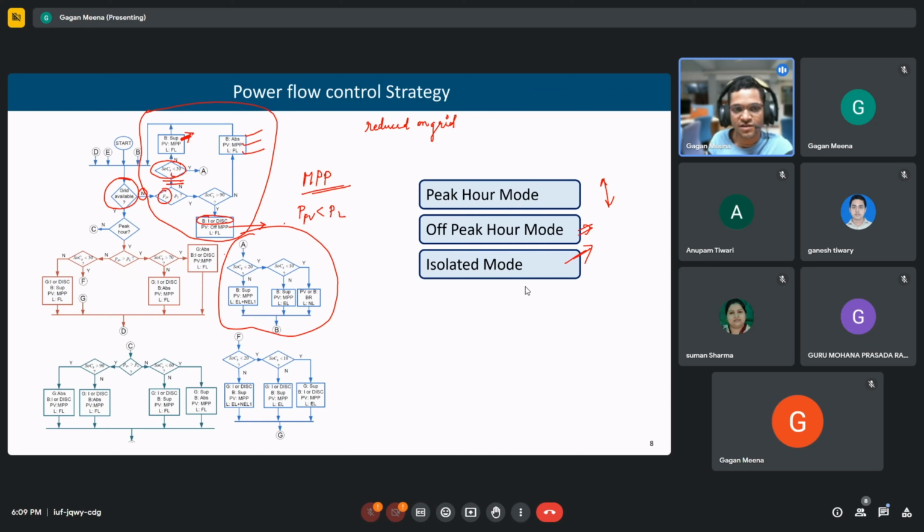But if SOC is less than 30%, then we will have to curtail the load because PV is already less. So as the SOC of the battery reduces, you can curtail load. Here this is essential load and non-essential load. So this one is for isolated mode.